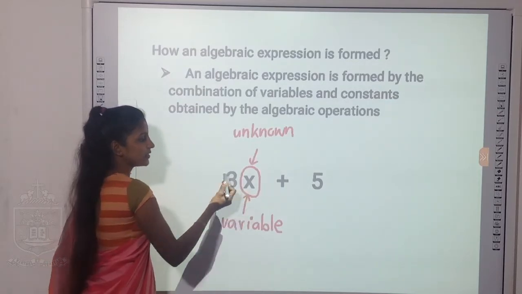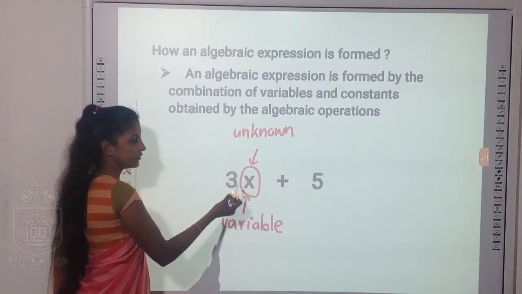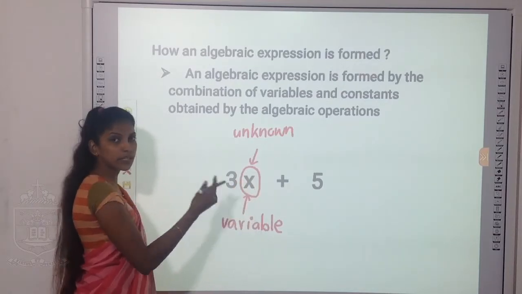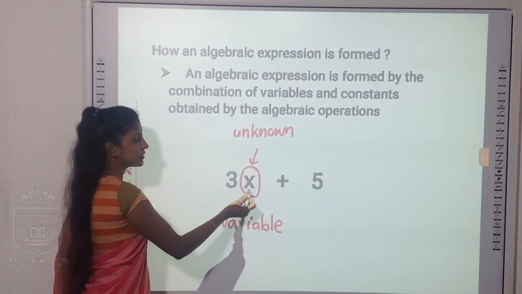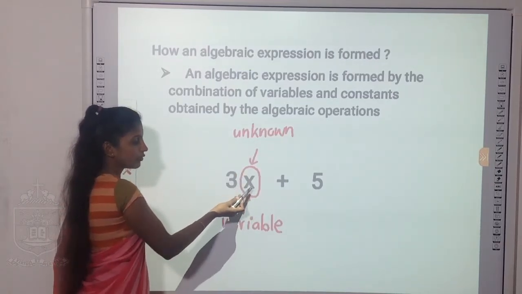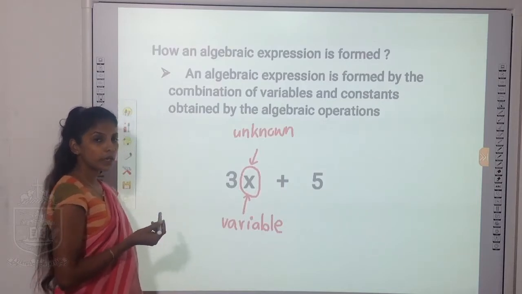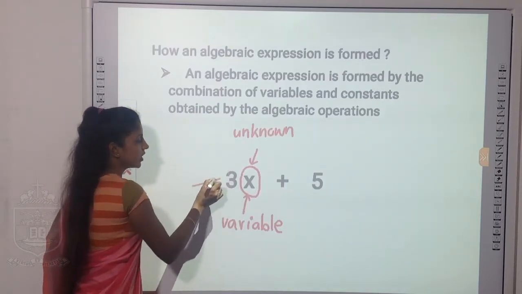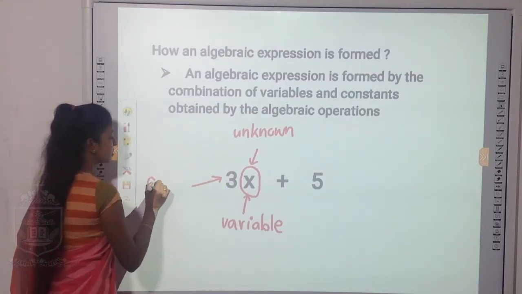Both are multiplied. 3 multiplied by x will give you 3x. So always the multiplier of this variable will become the coefficient. That means 3 will become the coefficient.